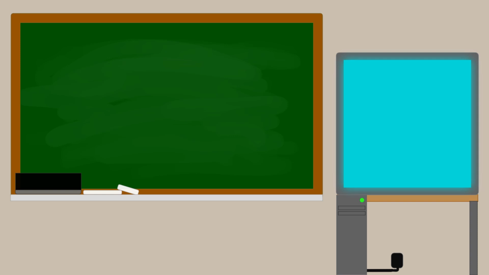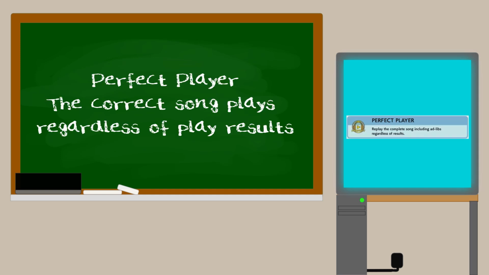And now there's some modifiers that don't necessarily directly make a song easier or harder, though depending on the player, some of them might make it easier or harder, or depending on the song. There's the perfect player item, which makes the song play correctly regardless of what your hit results are, because one thing about Groove Coaster is if you make mistakes, it actually distorts the playback as a result.